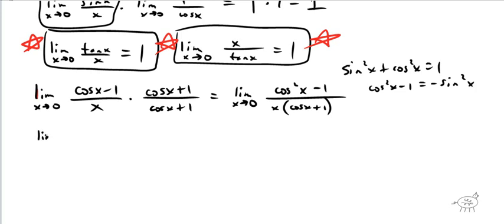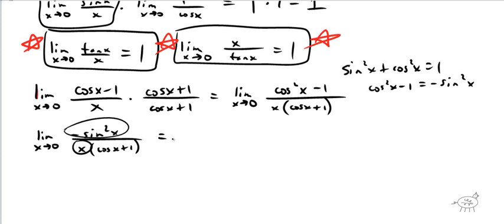And then I can do direct substitution. So I now have the limit as x approaches 0 of negative sine squared of x over x times cosine of x plus 1. Now what I tell you guys many times, our goal is to get rid of that x. We don't want a 0 in the bottom. That's the whole point. And before I was able to take out a sine of x over x. In fact, look at that, I have a negative sine squared.